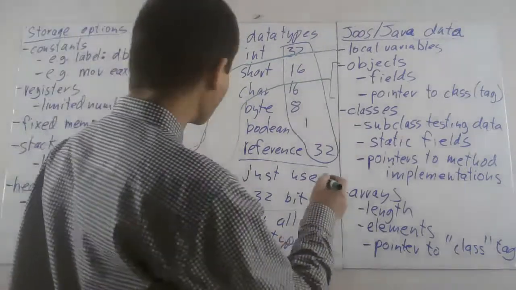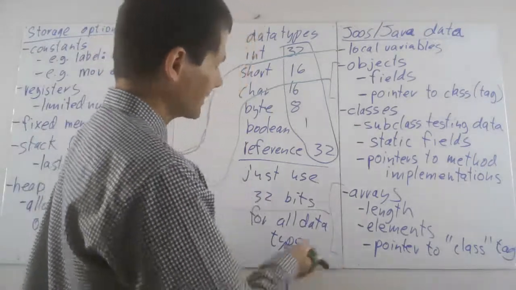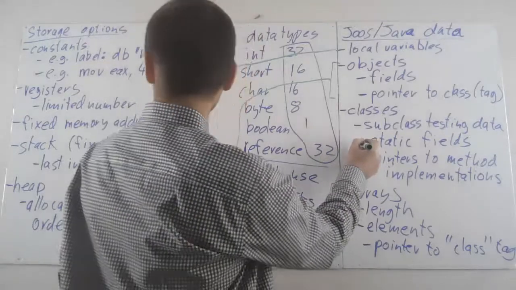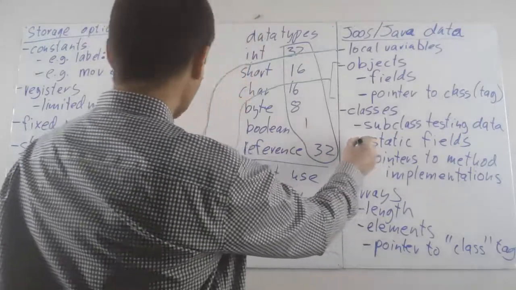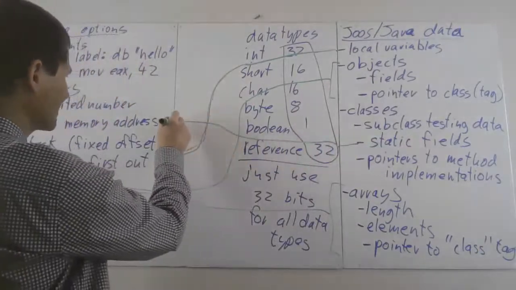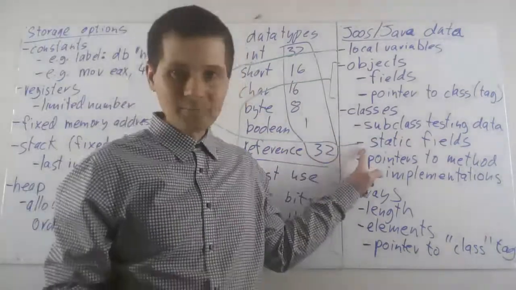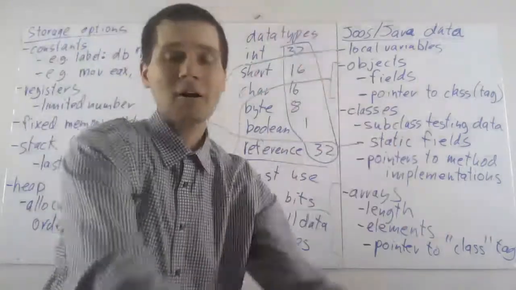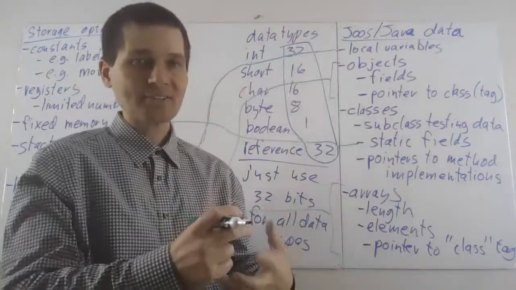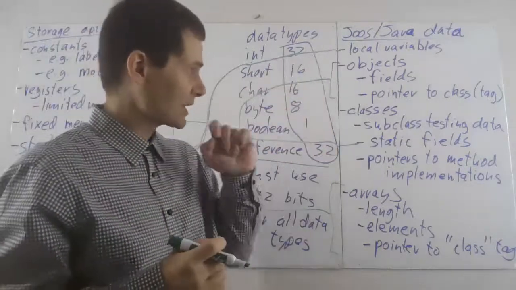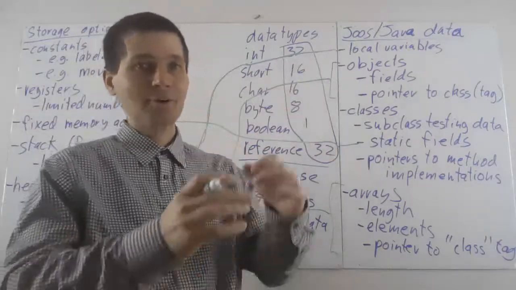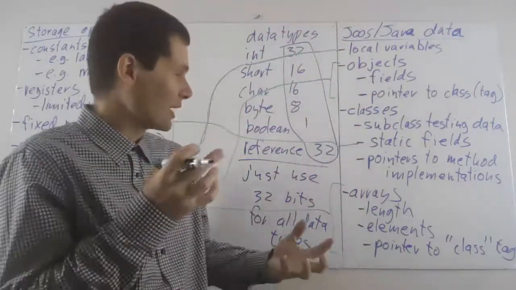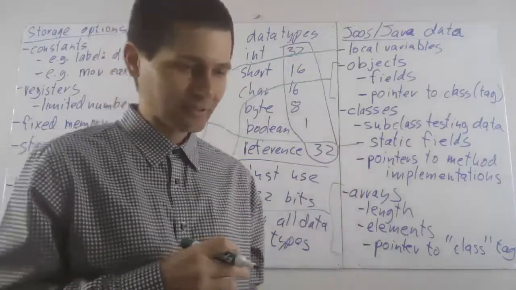Okay, and so that leaves classes. And for classes, there are some things like static fields whose values change. But at compile time you know how many static fields you have, right? You can make a list of all of your classes, and for each class, a list of all of the static fields in that class. And so you can make a global list in your compiler, before your program even starts running, of all the static fields that you need to implement.